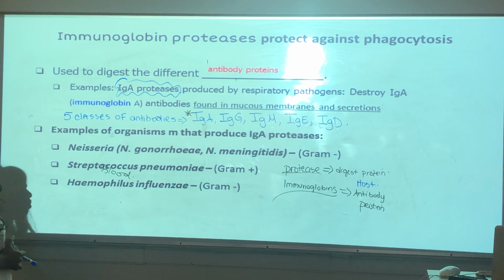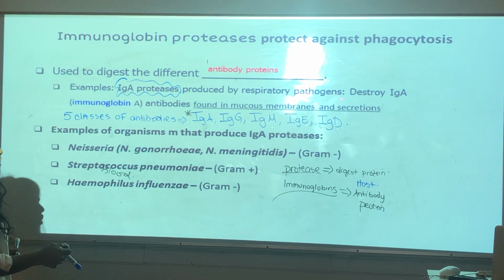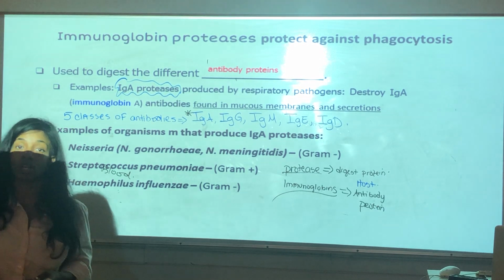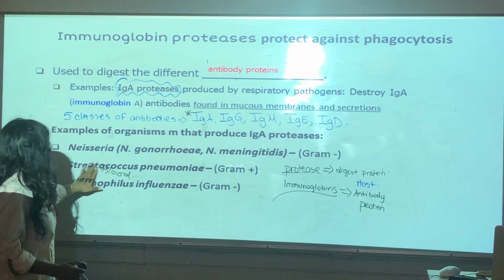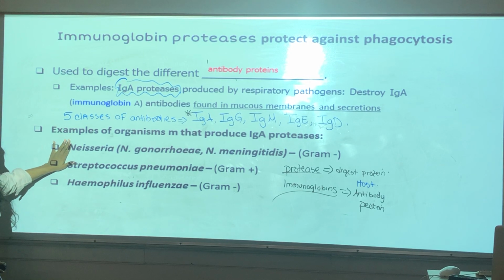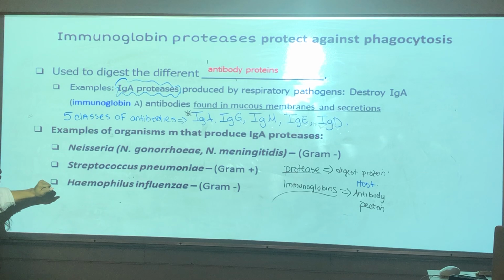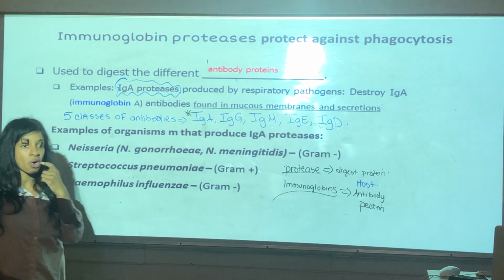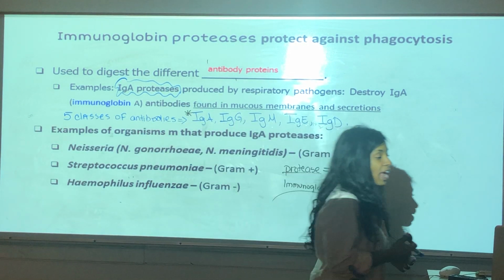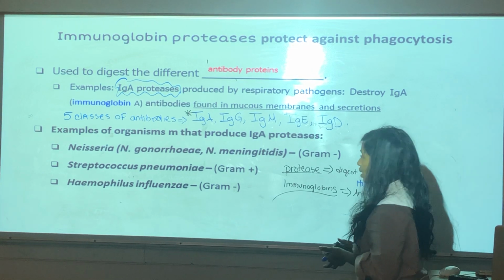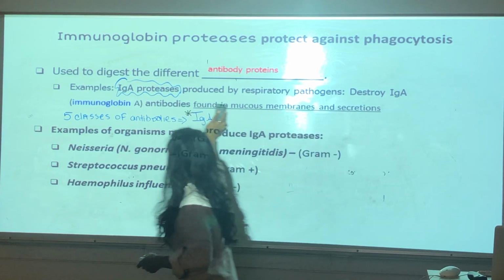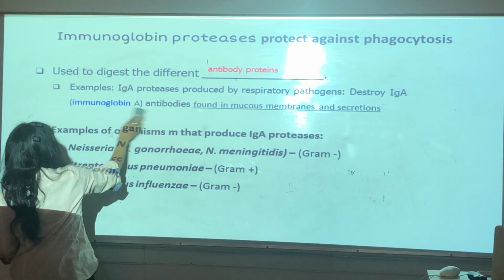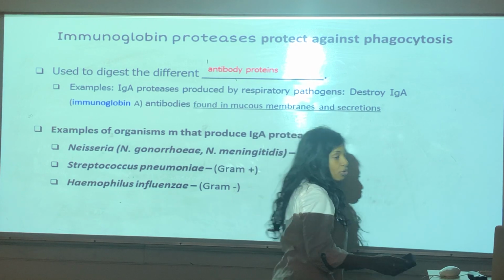The IgA protease is produced by many respiratory pathogens to destroy the IgA antibodies found in those areas, so that allows the organism to survive.